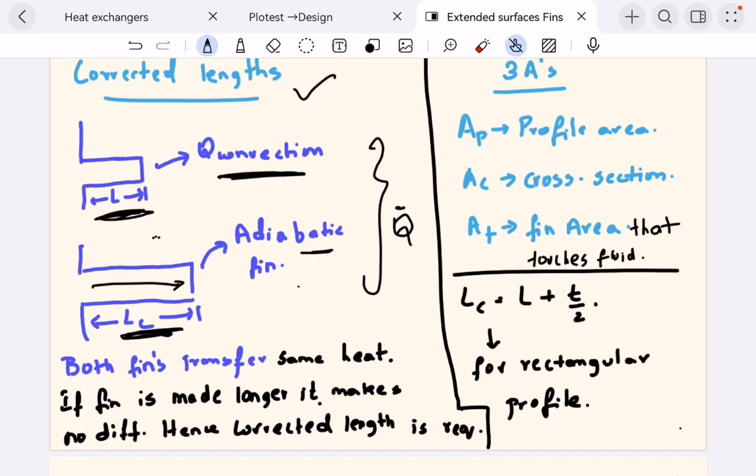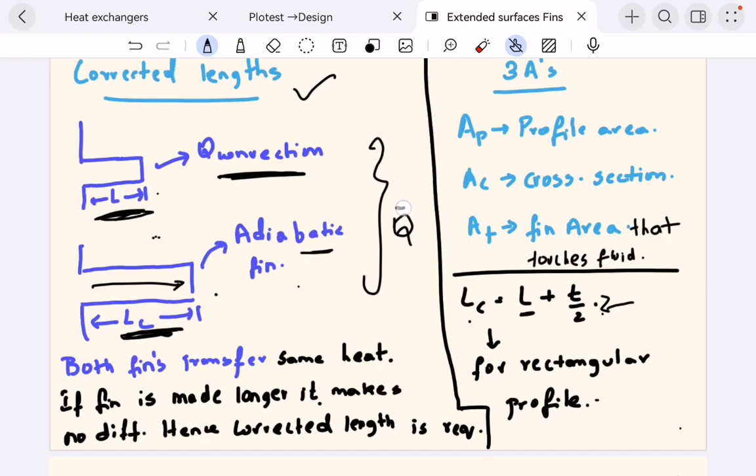The corrected length for a rectangular profile is length plus thickness by 2. This formula helps us in calculating the corrected length of the fin. The idea behind this is that if you look at both the fins where convection is taking place, the longer the fin, the more adiabatic in nature it becomes, right?